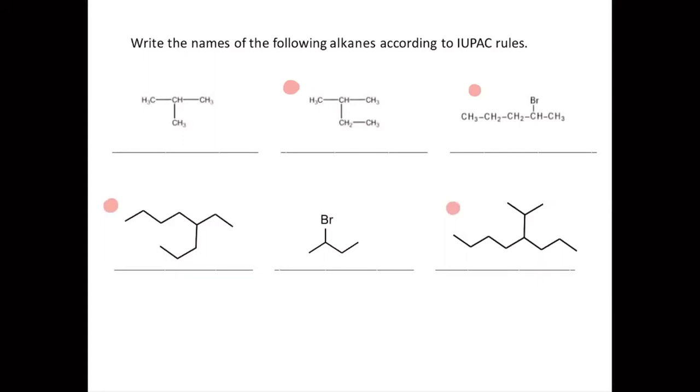So we're going to do from the first row, number 2 and number 3, from the second row, number 1 and number 3. Okay? You're going to find the longest carbon chain. Then you're going to number the chain starting the end that is nearest a substituent. Then you're going to name that substituent, and that's going to be the prefix of the longest carbon chain, and then you're going to give its location. So I'll give you guys 3 minutes to do these 4 problems.